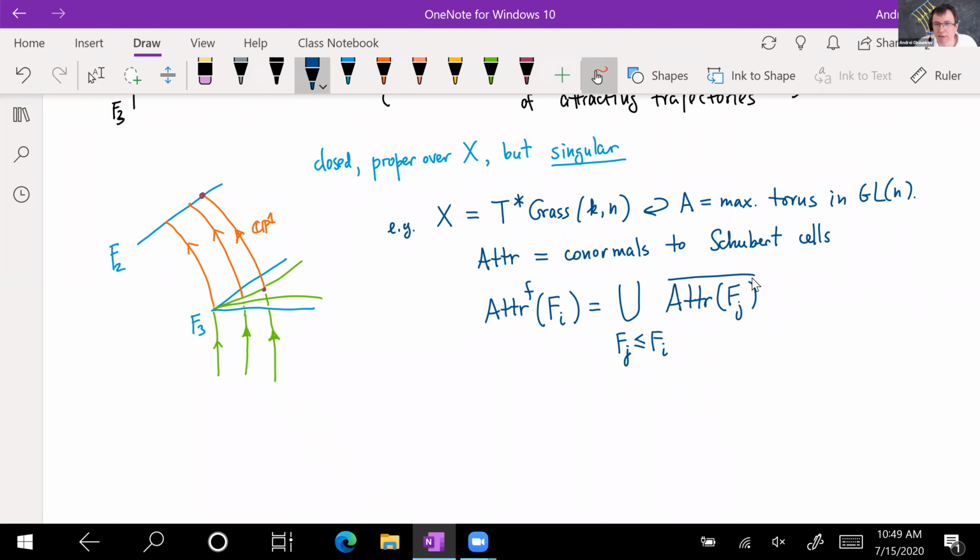So this is a pretty singular variety, where this definition of something being less than something means that it actually belongs to the closure.